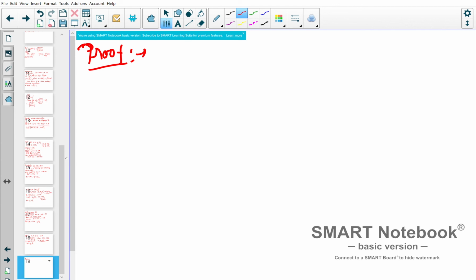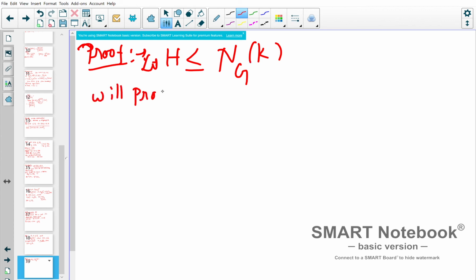What do I need to prove? Let H be a subgroup of the normalizer of K inside G. This is given. Then I will prove that HK and KH are the same, and thus that gives you that HK is a subgroup of G. Now how do you prove this kind of statement?